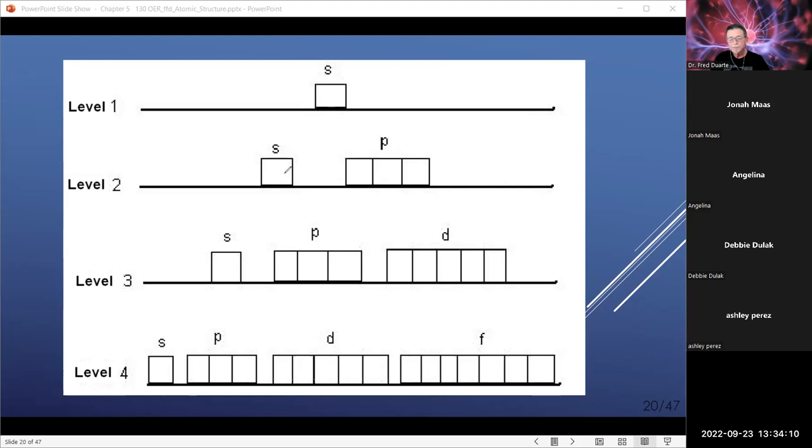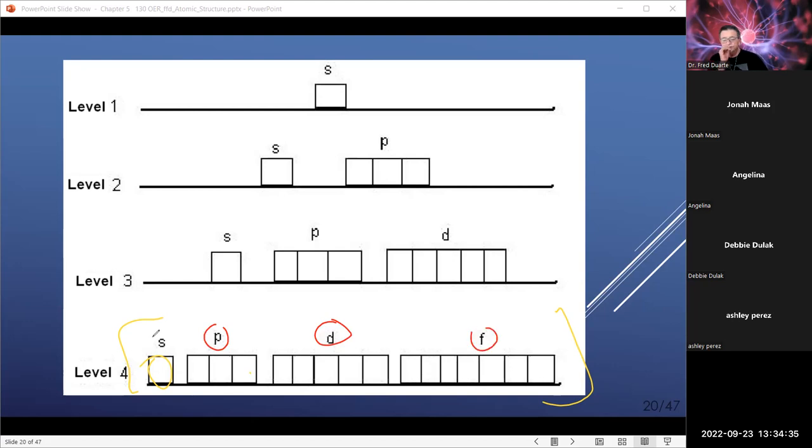The box here represents the different orbitals. So looking down here at the bottom, there's one S orbital, 3 P orbitals, 5 D orbitals, and 7 F orbitals.